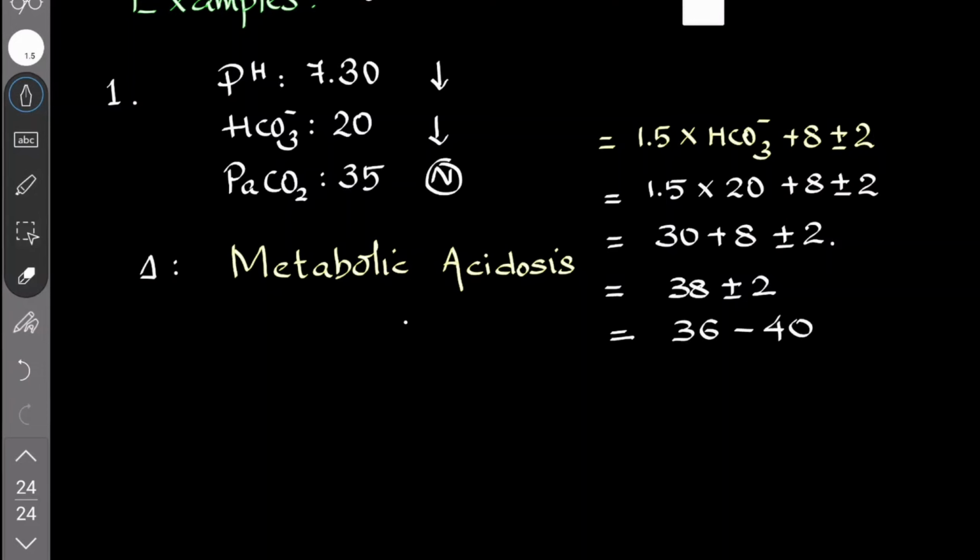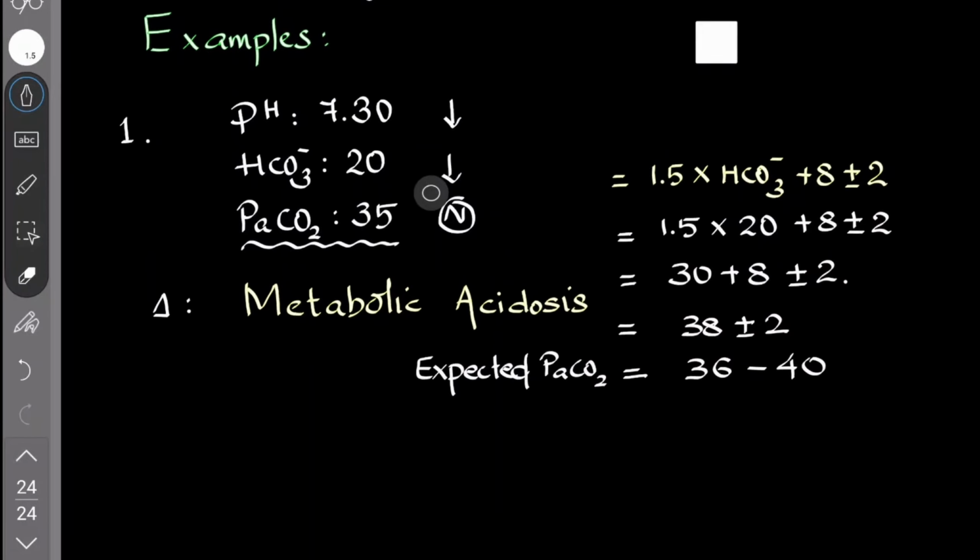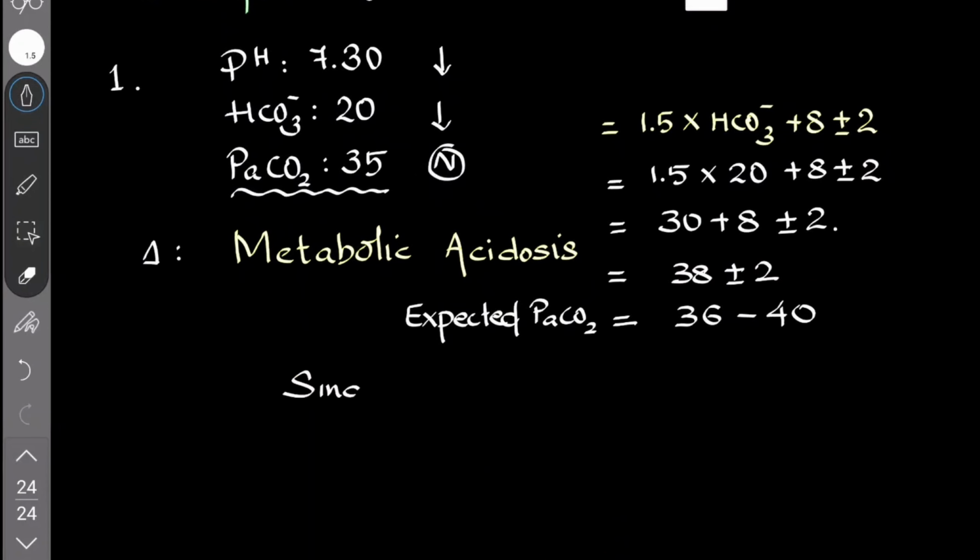That is the expected PaCO2, because it's acidosis. So we can tell that the PaCO2 is near normal, which means it's compensated. So it's a single disorder with compensation.